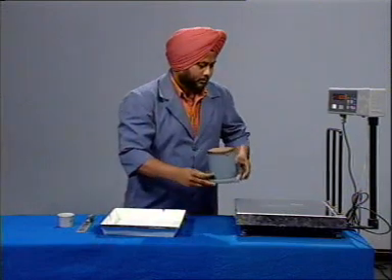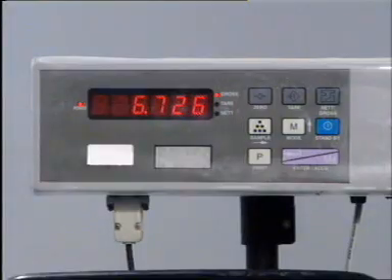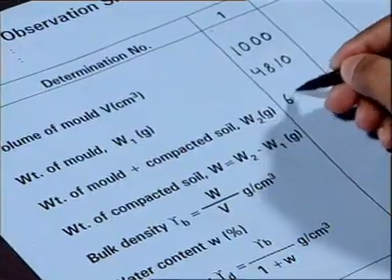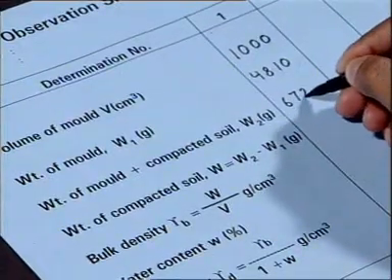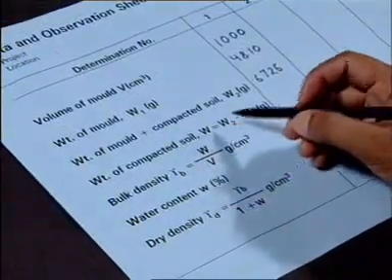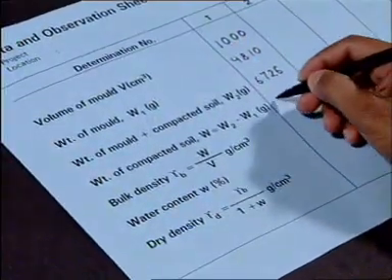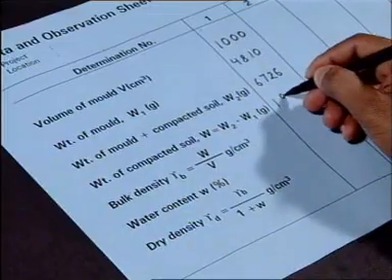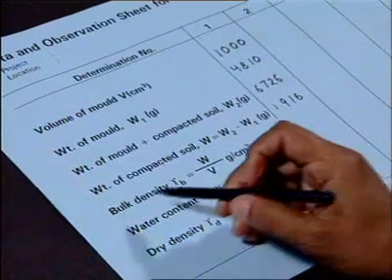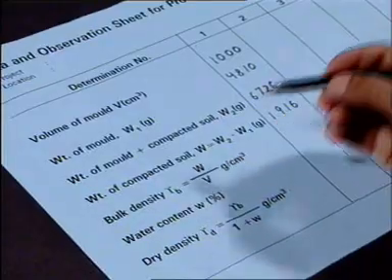Weigh the mold with the soil and base plate. Record the weight in the proforma. Weight of compacted soil is the difference of W2 and W1. Bulk density is equal to weight per unit volume.